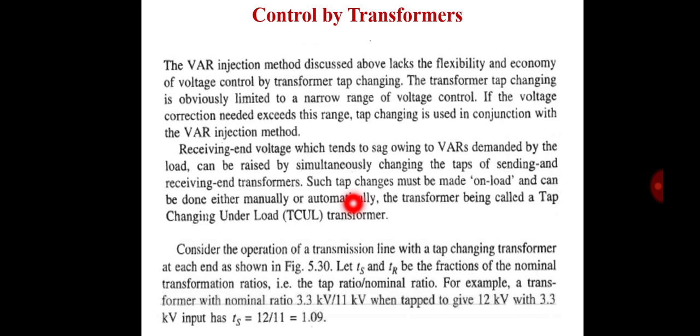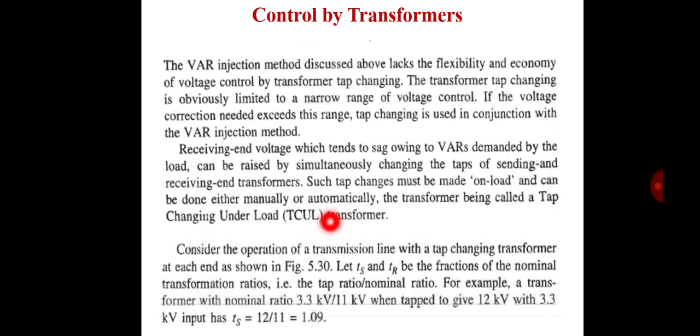Here we use on load tap changing, which can be either manual or automatic. The transformer is called a tap changing under load transformer. What is a tap changing under load transformer?